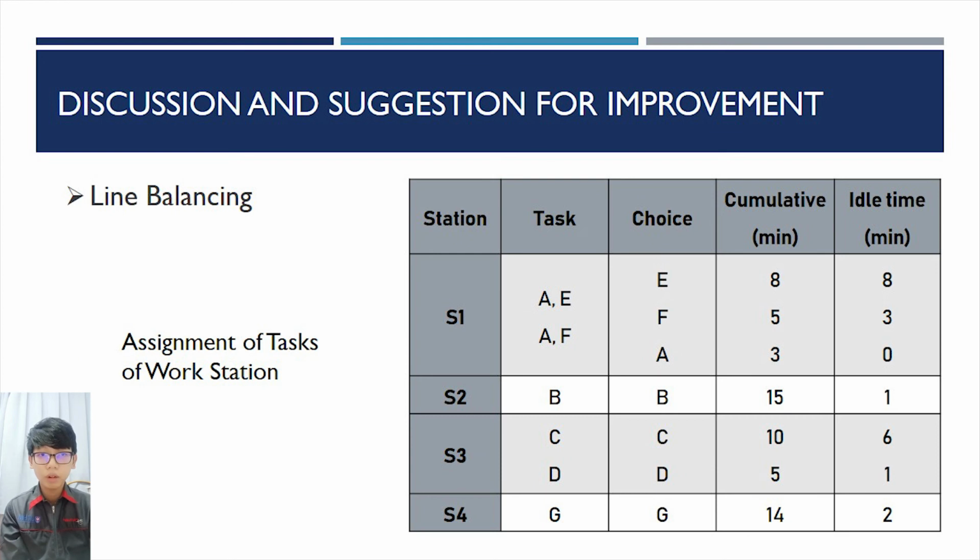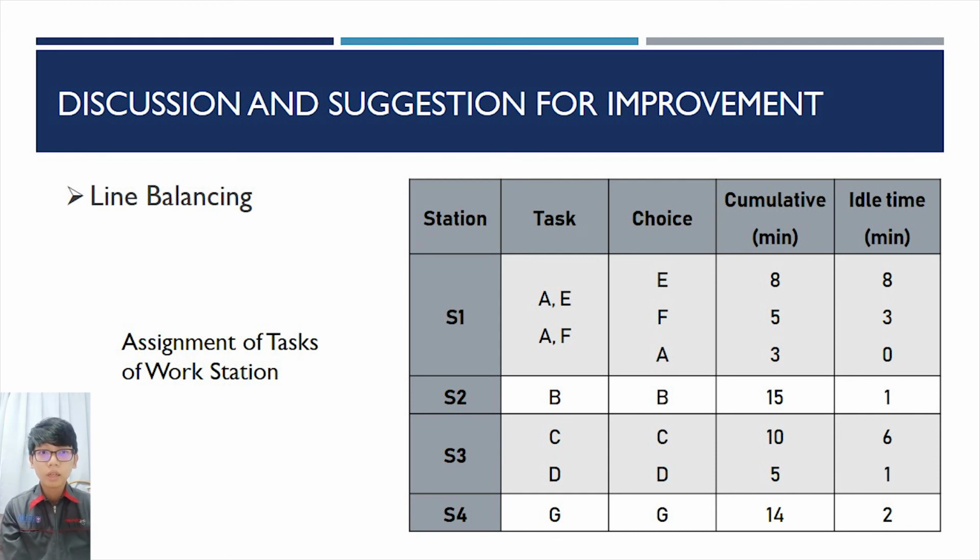The table below shows the assignment of tasks to each workstation: station 1 has processes E, F, and A, station 2 has process B, station 3 has processes C and D, and station 4 has process G.